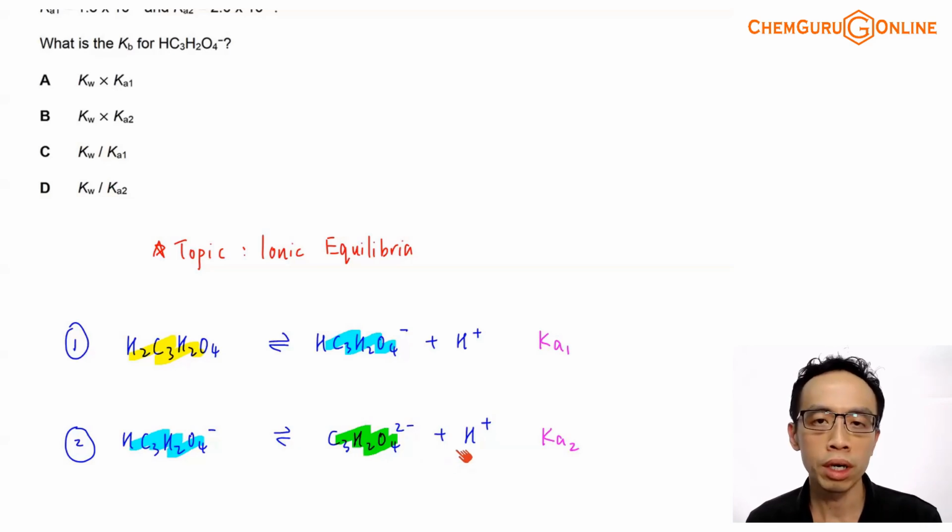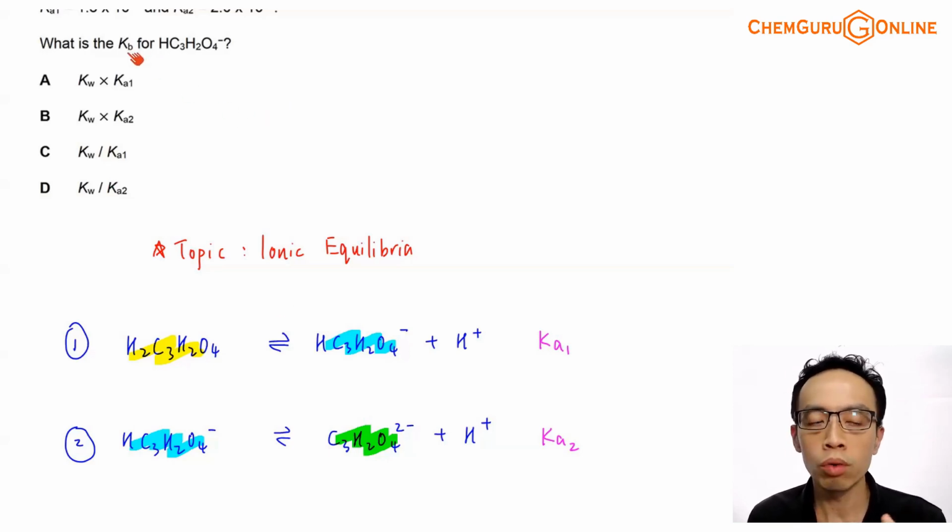Now the second equation is describing the acidity of HC3H2O4 minus. Therefore, we will have this Ka2 that quantifies the acidity of your second acid, HC3H2O4 minus.